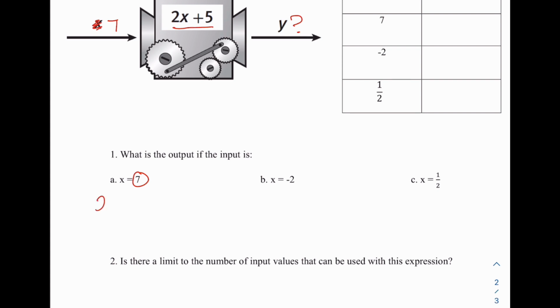So they're asking me to replace x in the expression with 7. And then I'll solve. 2 times 7 is 14, plus 5 is 19. So if I input 7, I will output 19.